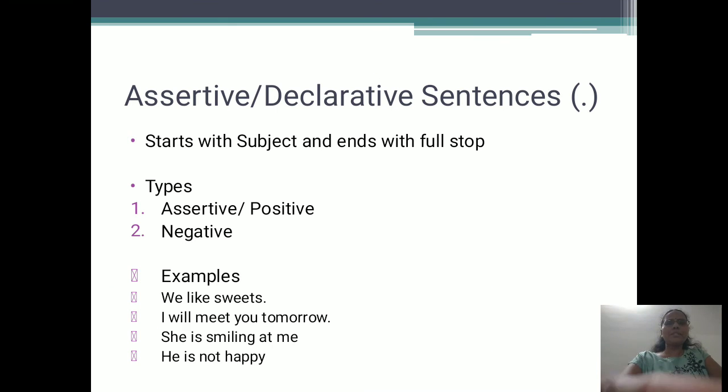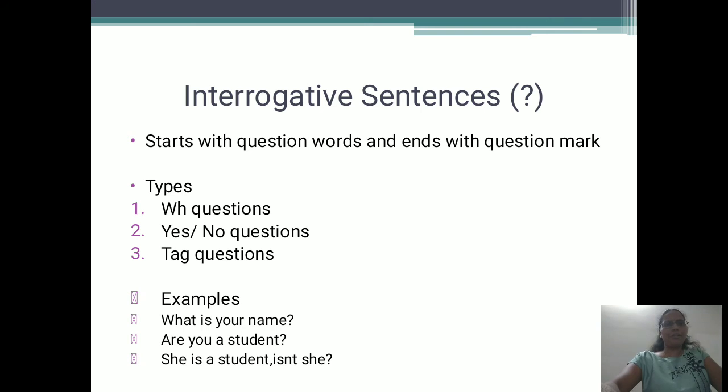The other type of sentence is interrogative sentence. Interrogative sentence always starts with question words and it ends with question mark. There are three types of interrogative sentences, such as WH questions, yes no questions, and tag questions. WH question starts with WH words and it ends with question mark, while yes no type question starts with helping verb or auxiliary verb and it ends with question mark.